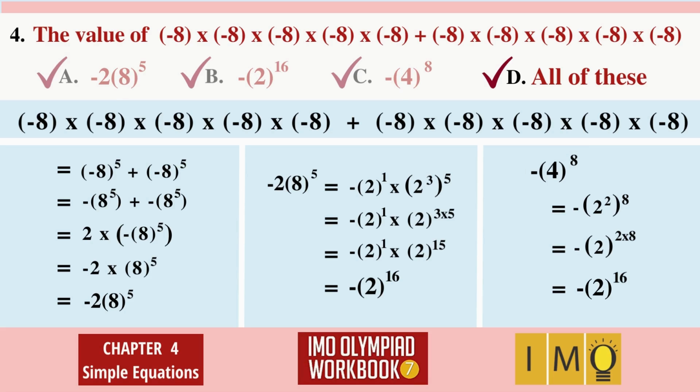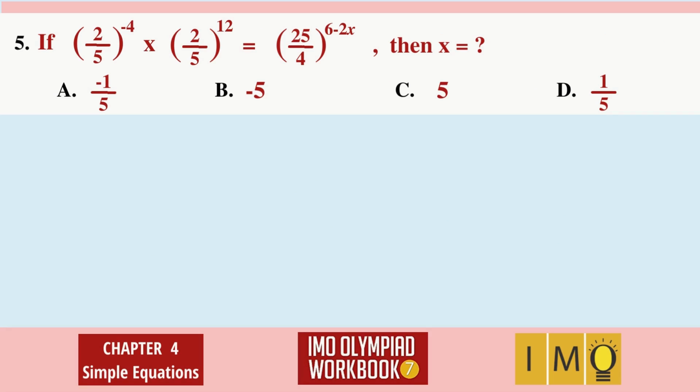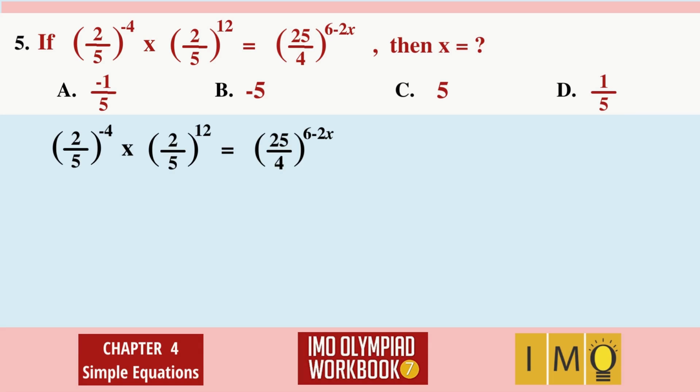Now we move on to question number 5. If 2 by 5 whole to the power of minus 4 into 2 by 5 whole to the power of 12 is equal to 25 by 4 whole to the power of 6 minus 2x, then what is x? First, let us simplify the left side of the equation. 2 by 5 whole to the power of minus 4 into 2 by 5 whole to the power of 12.